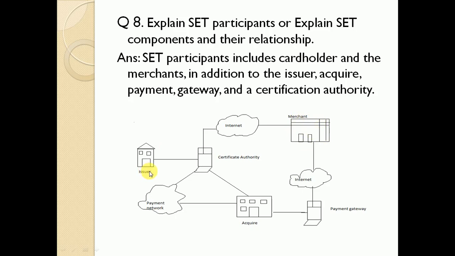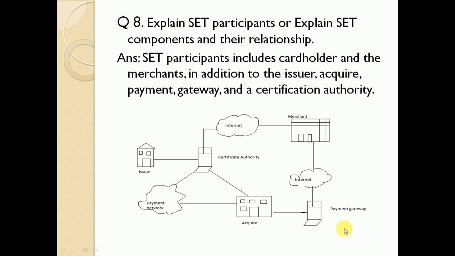Then the issuer. This is a financial institution such as a bank which provides the card holder with a payment card. Then the acquirer. What is the acquirer? This is also a financial institution that establishes an account with a merchant and processes payment card authorizations and payments. Then the payment gateway.